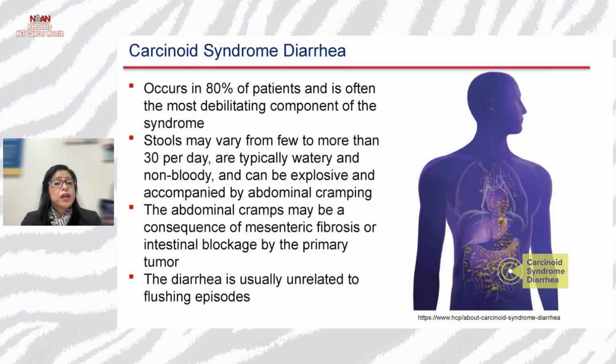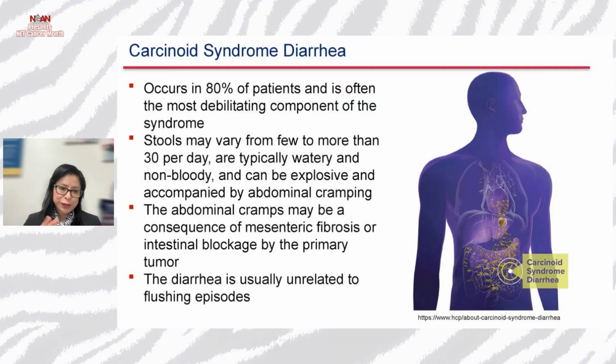Now, carcinoid syndrome diarrhea occurs in approximately 80% of patients, and is often the most debilitating component of the syndrome. Stools may vary from a few to more than 30 per day, are typically watery and non-bloody, and can be explosive, sometimes accompanied by abdominal pain or cramping. The abdominal cramps may also be a consequence of mesenteric fibrosis.